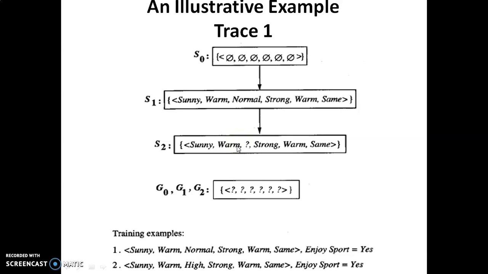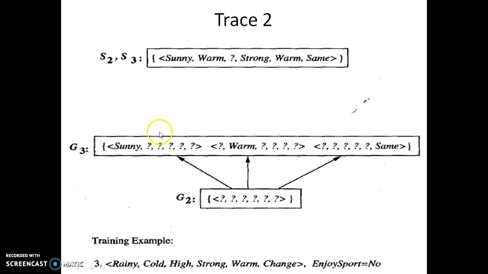To make it consistent, we have to replace this normal with a question mark. This is the same as what we have done in the Find-S algorithm. The remaining are again the same: strong, warm and same. So they will remain the same. That will become S2.